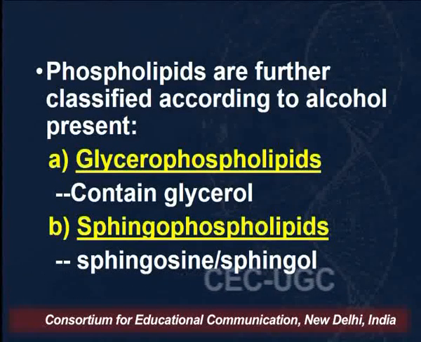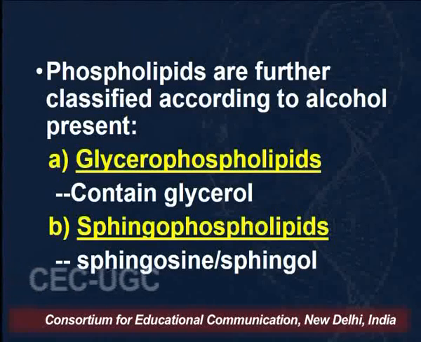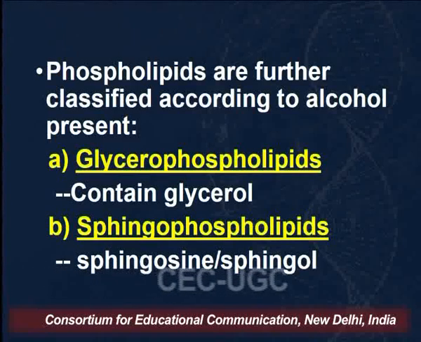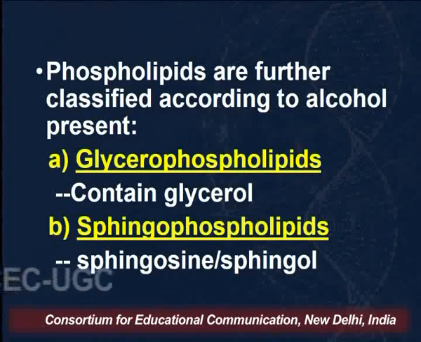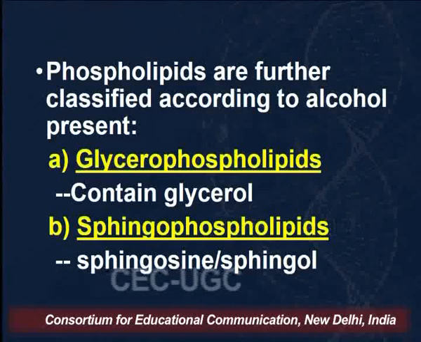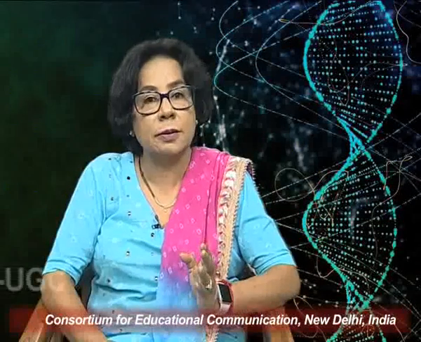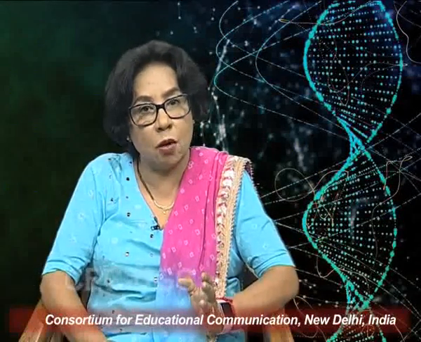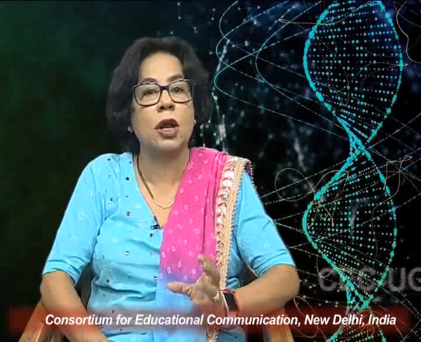And now we know these phospholipids are further classified according to the alcohol present in them. They can be glycerophospholipids if the central molecule or the backbone of the phospholipid is glycerol. And they can be sphingophospholipids when the central backbone or the central molecule of the lipid is sphingosine or sphingol alcohol.